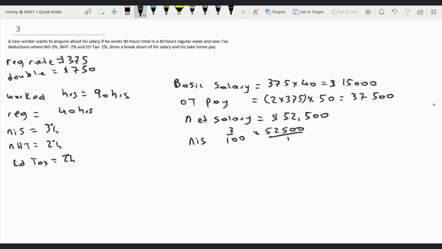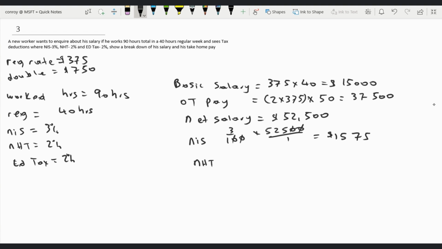You see we're able to cancel our zeros, so we can do that as well. What our NIS contribution will be is 1,575.